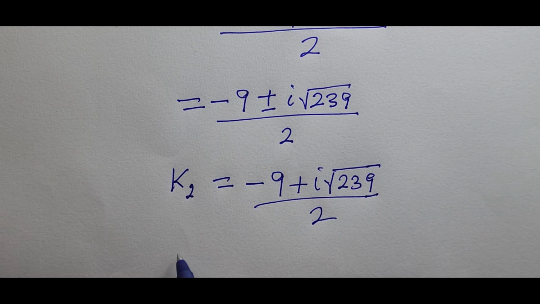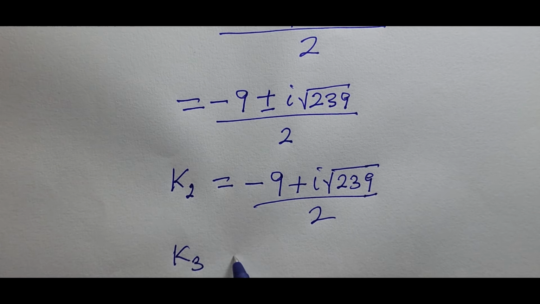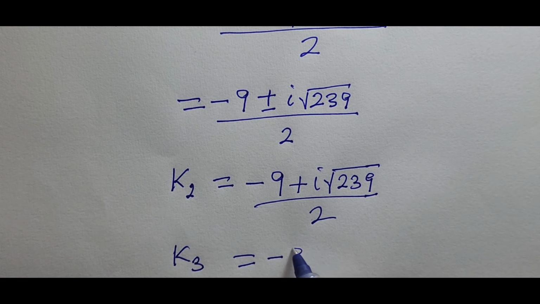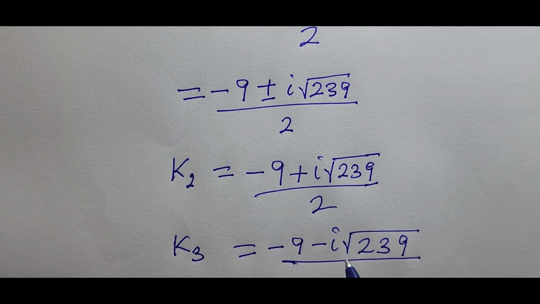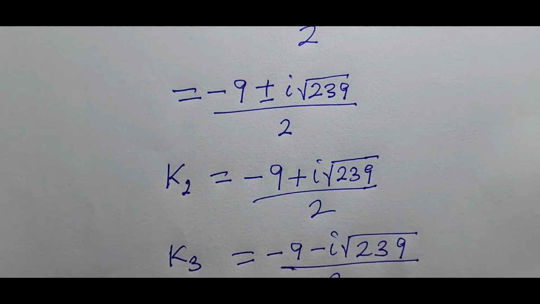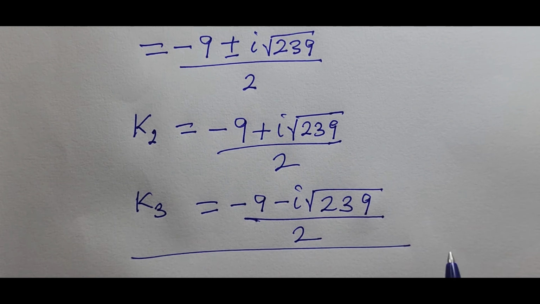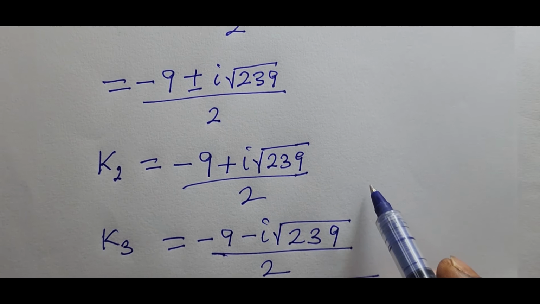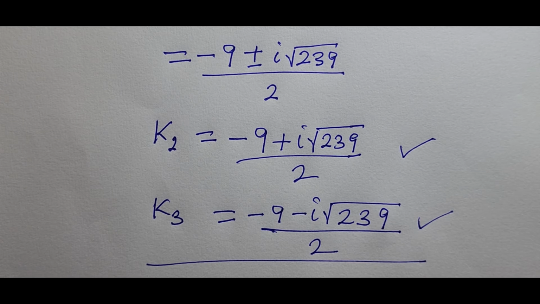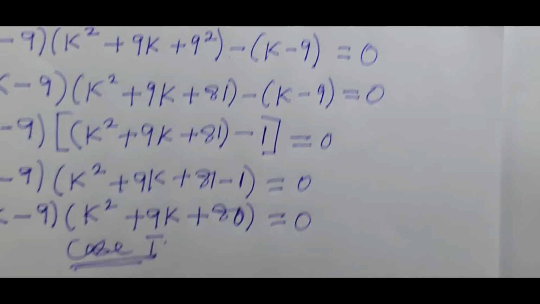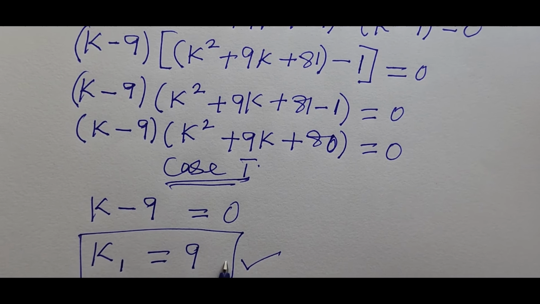And we have K3 equal to minus 9 minus iota root 239, all over 2. So you see that we have two imaginary roots to this challenge, and we have just one real solution, which is the 9 we solved for here.